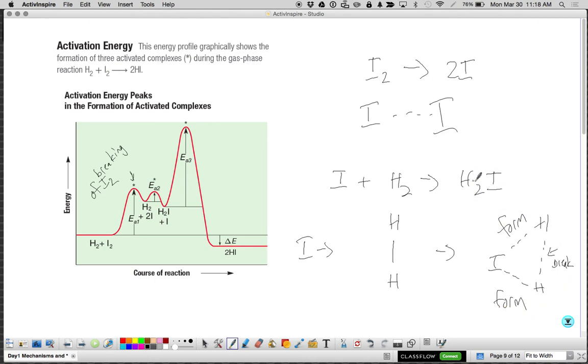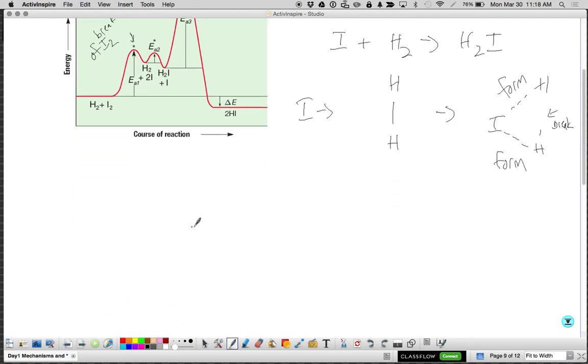H2I compound. All right, and then this last step here is H2I plus I forming 2HI. So there's lots of stuff happening here, right? Let's see, how do I want to draw this?